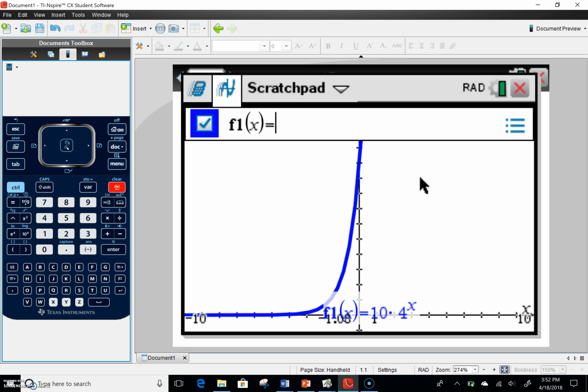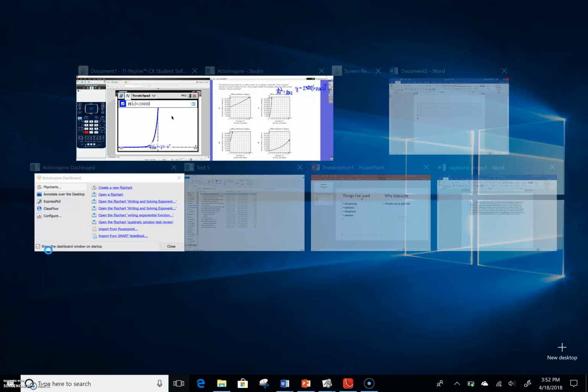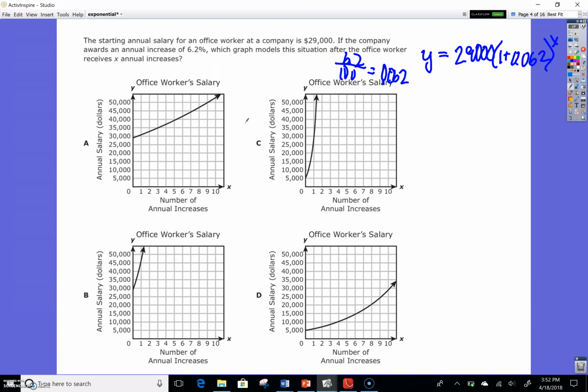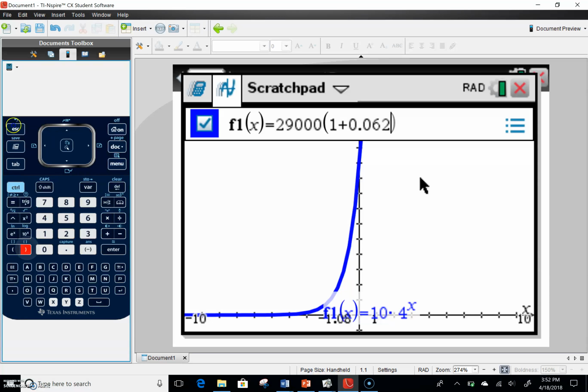$29,000, parentheses, oops, 1 plus 0.062 to the power of x. Enter. Okay, you don't see anything?